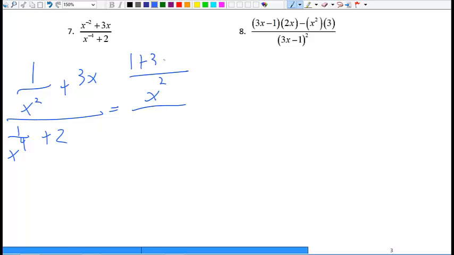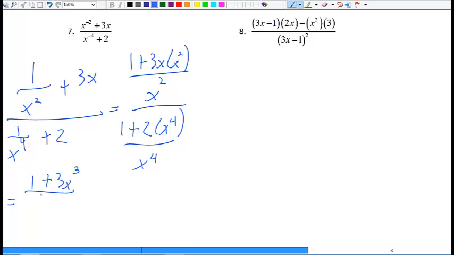That's 1 plus 3x times what's missing, which was the x squared. And then the denominator will set up as x to the 4th. So 1 plus 2 times what's missing, which is x to the 4th. Multiply that out, so we end up with 1 plus 3x cubed over x squared over 1 plus 2x to the 4th over x to the 4th.